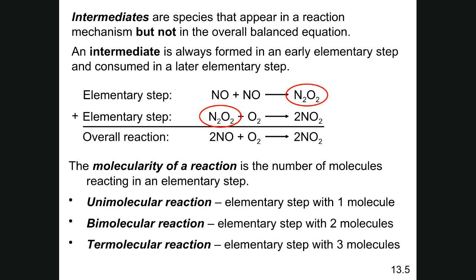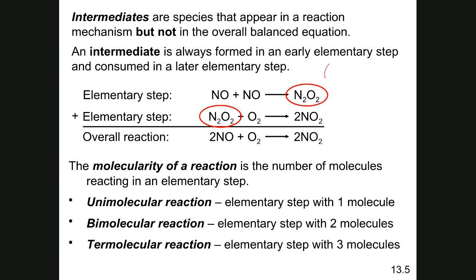So when you have a rate determining step for a reaction, you can have a unimolecular, bimolecular, or termolecular step. When you have three molecules involved in the rate determining step, that's termolecular; when one molecule is involved in the rate determining step, then you could say unimolecular.